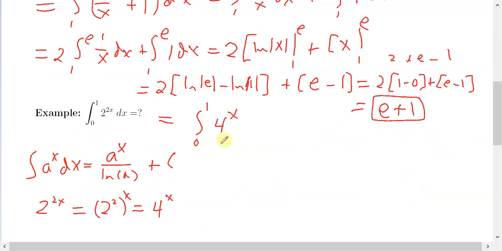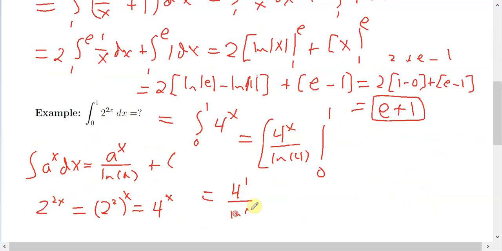And now I can use this integration formula to give me that this will be 4 to the x over natural log 4. And that's evaluated from 0 to 1, which is going to be, plug in the 1, you get 4 to the 1 over natural log 4, minus 4 to the 0 over natural log 4.